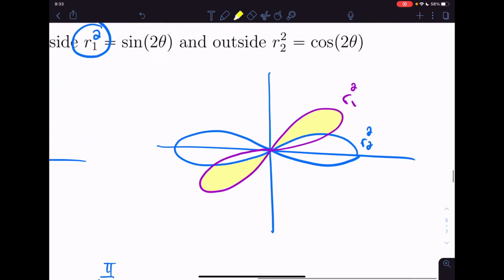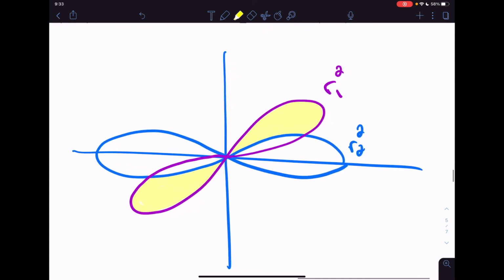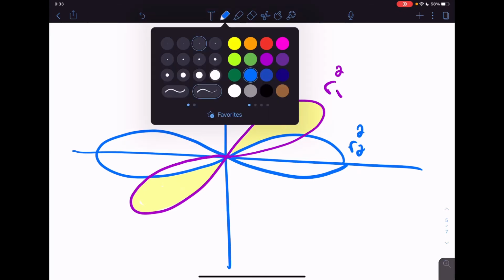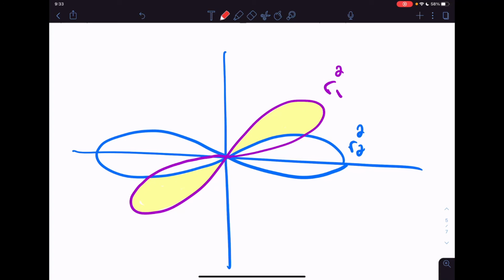Well, it turns out that the key to computing this area is to observe that for an arbitrary ray that starts off here in the middle and goes off in any given direction, if I run the ray all the way up here, this is above pi over 4, and therefore R2 has no contribution, but R1 does.